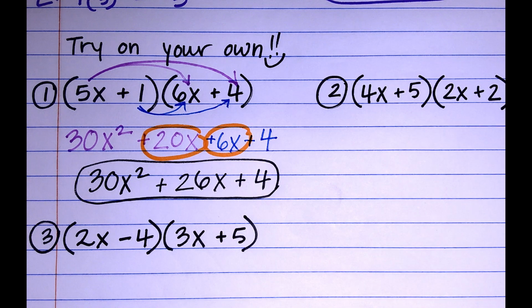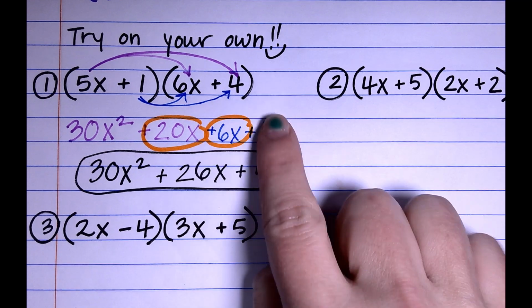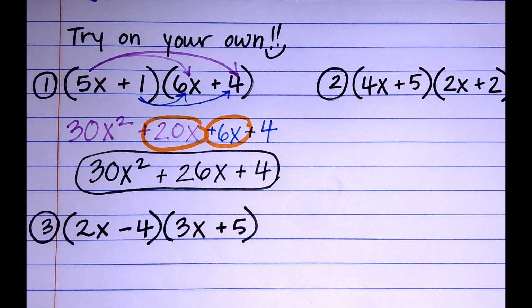What did you get on yours? I got 30x squared plus 20x plus 6x plus 4 equals 16. Oh, you had it until after the 4. I don't know where that came from.